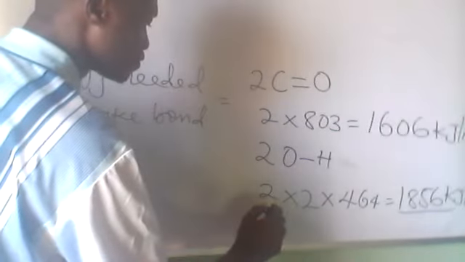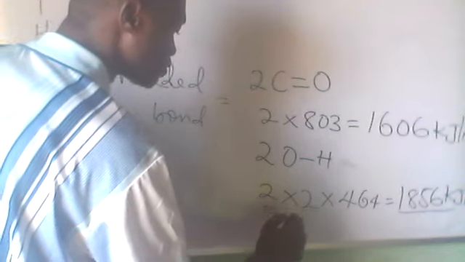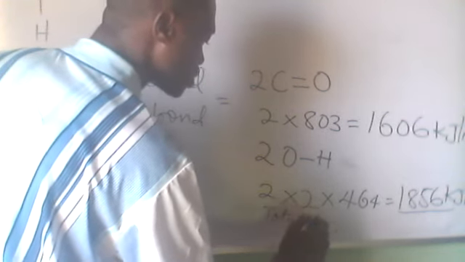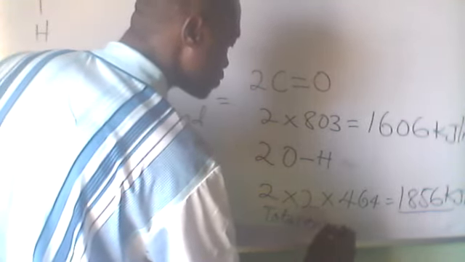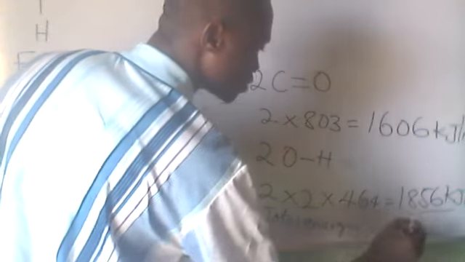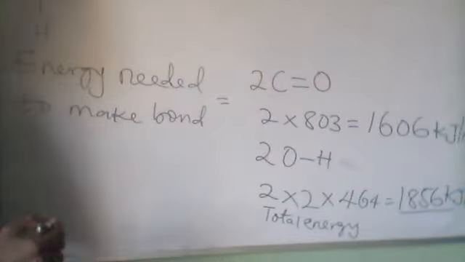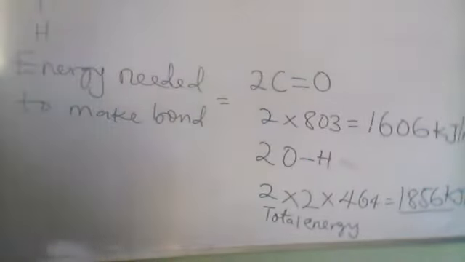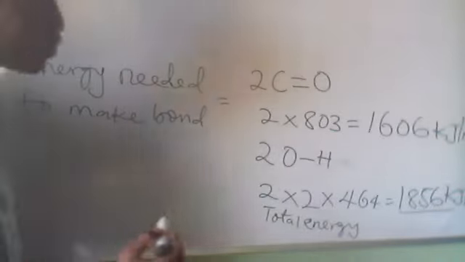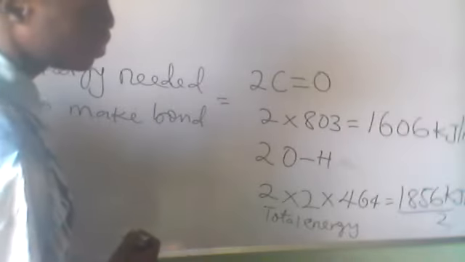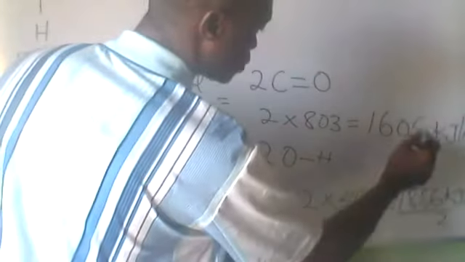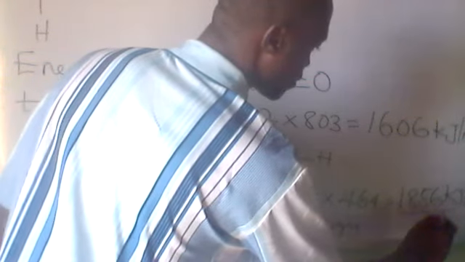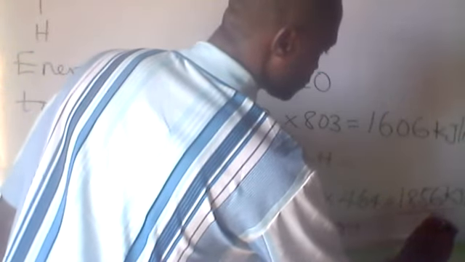So now we'll also calculate our total energy. In this case, 6 plus 6 will give us 12. This will give us 5 plus 1.